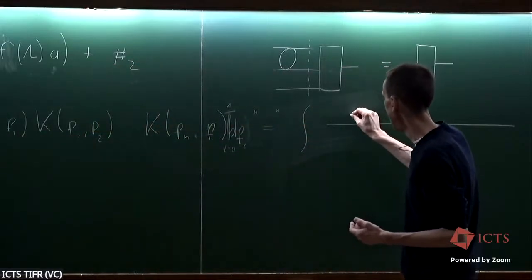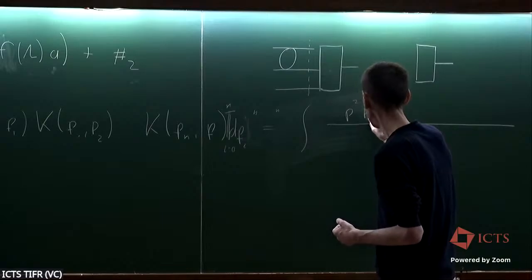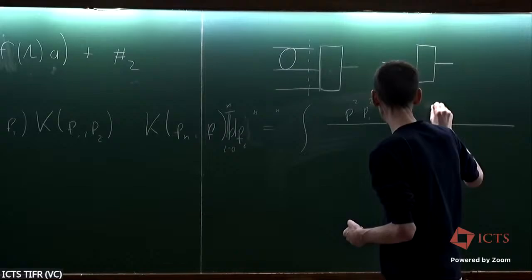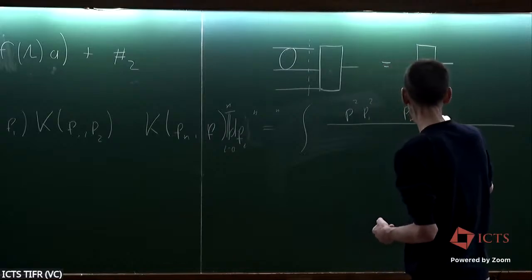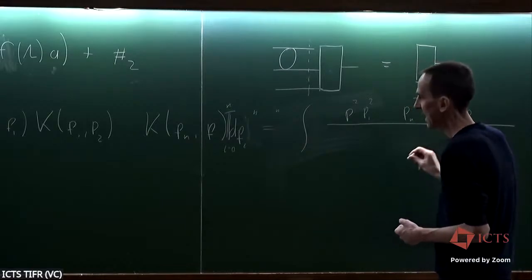And then I have in the numerator a product of P squared, P1 squared, Pn squared, and dp.